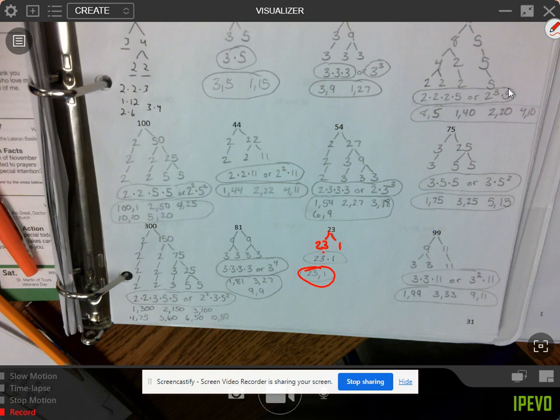Anybody not sure how I got any of these prime answers? Anybody make mistakes not breaking down a number far enough down to the primes? Because that's a very common mistake. Ava: I did that on one of them, but also some of them I forgot to do, like for the one that was 100, I forgot to do 1 times 100.